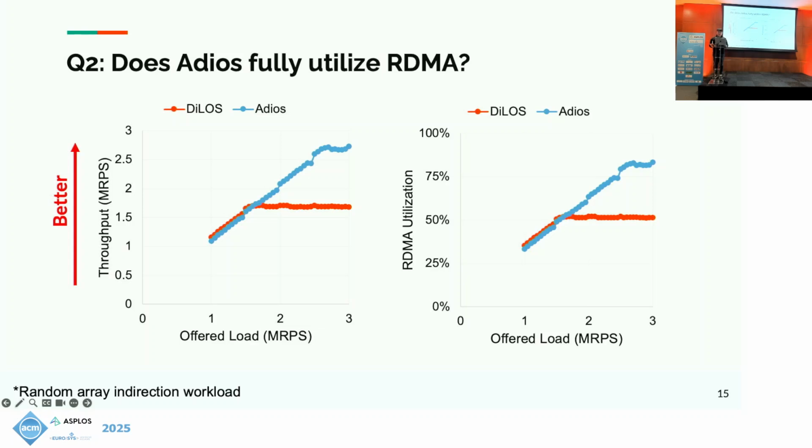With DiLOS, the RDMA network was only 50% utilized. With Adios, on the other hand, the utilization reaches about 80%. Overall, Adios processes more and better utilizes the RDMA network than DiLOS, getting close to the full network capacity.